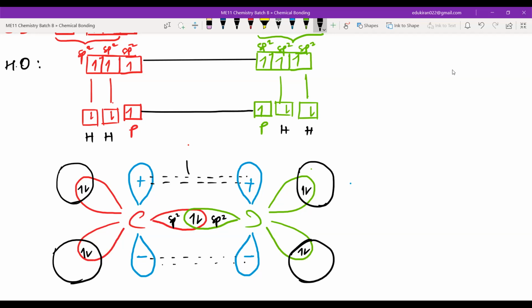Okay, you may see it as one, two, and three, but it is not how it is. This is one orbital, this is one orbital, and this is another orbital. If they are overlapping, it will form only one bond. Their lobes are overlapping like this. Right. So we have seen that this is a pi bond.